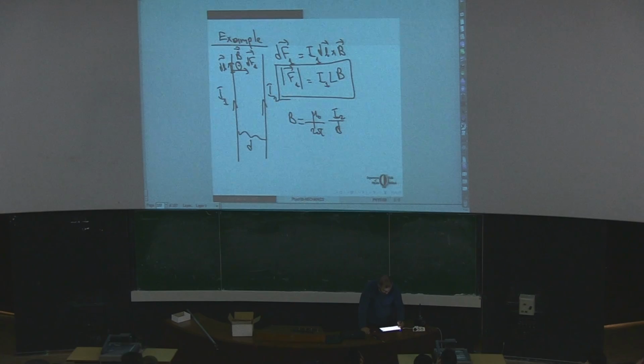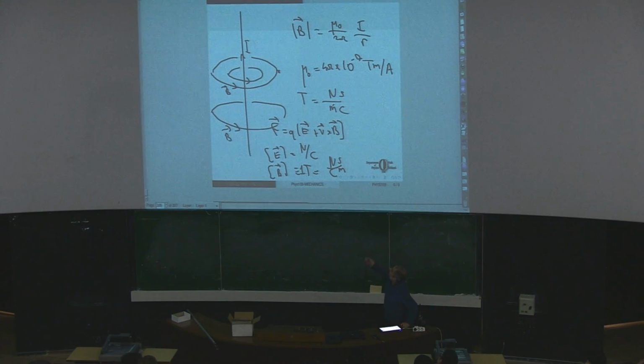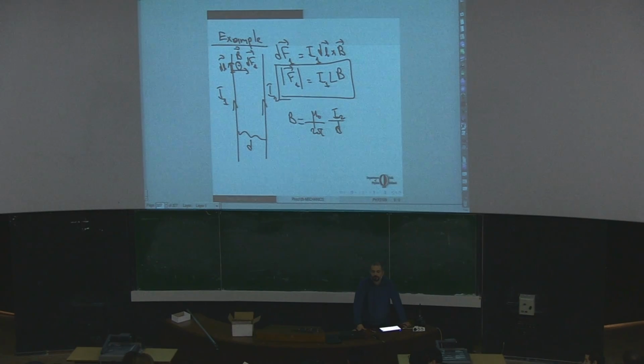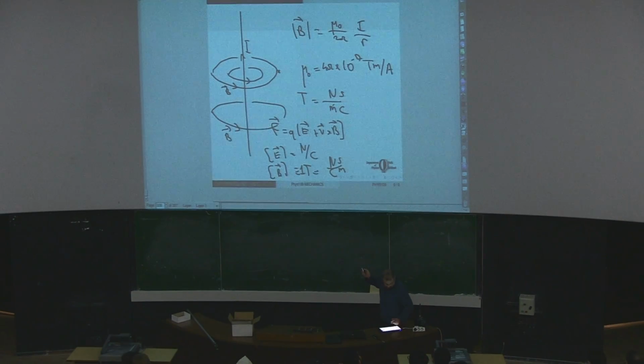This is the expression we have: mu0 over 2 pi I over R. Now you see this R over here is the distance from the wire, not from a fixed point on the wire.